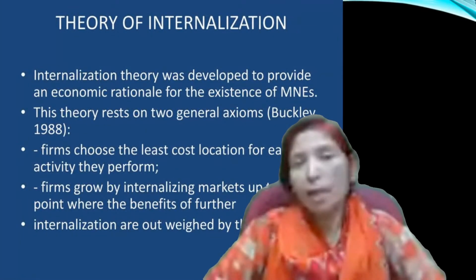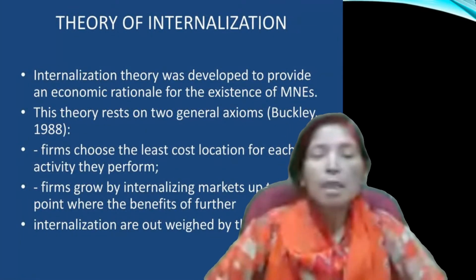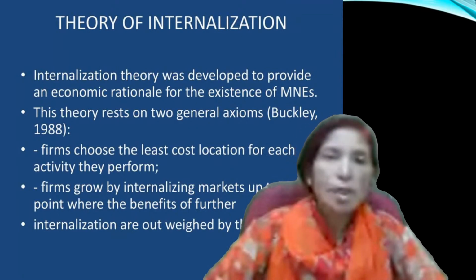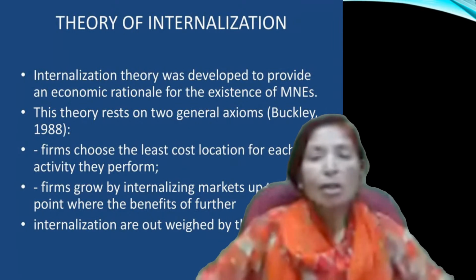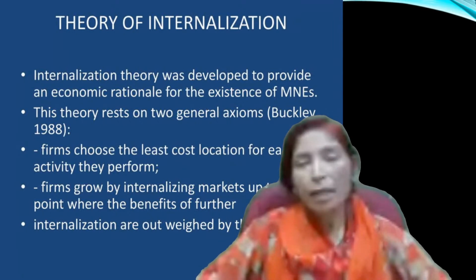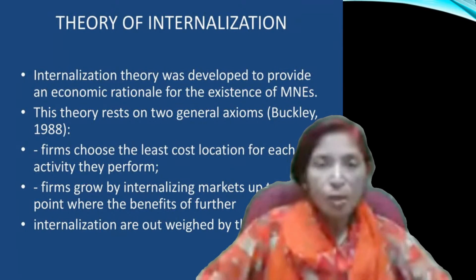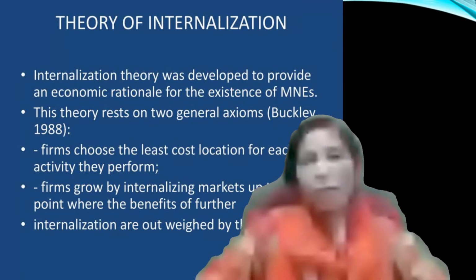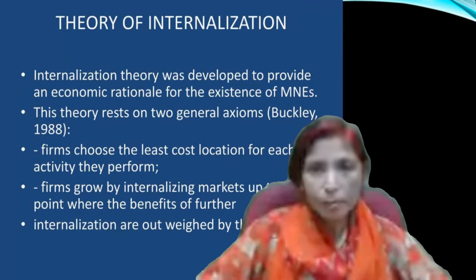So this internationalization theory rests on two general axioms. One is that the firm chooses the least cost location for each activity they perform. You know that every producer wants to gain maximum profit at minimum cost.